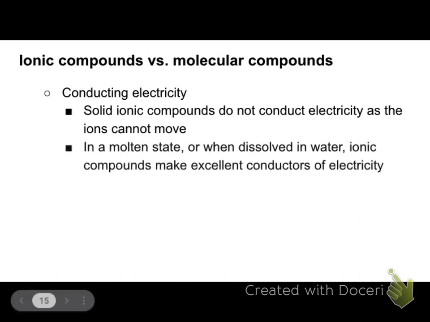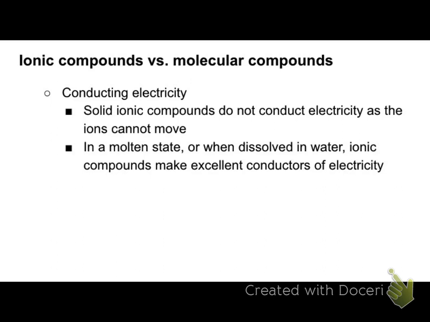If you were able to melt those compounds, so if you can get them to their melting point and make them molten, that would give them enough energy for the ions to move around each other, which would allow them to conduct electricity. A much easier way to do this, though, is to just dissolve them in water.